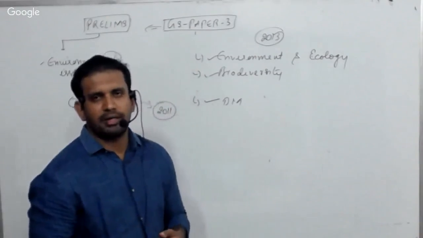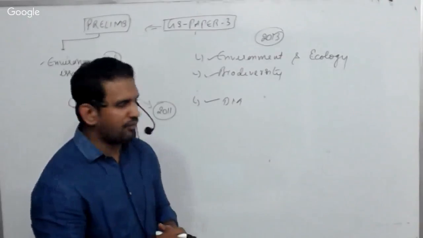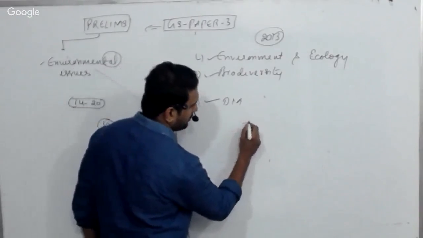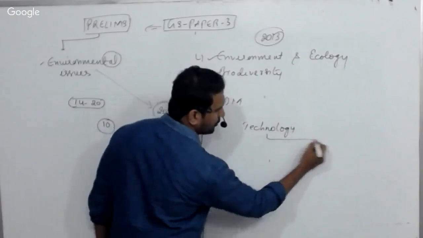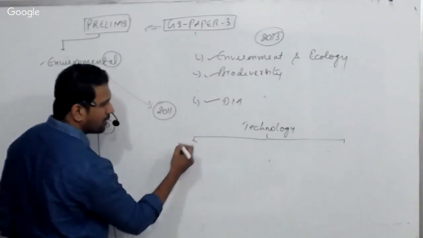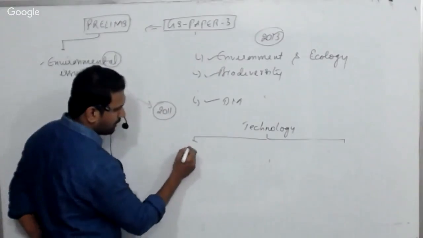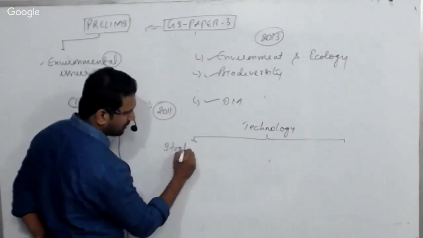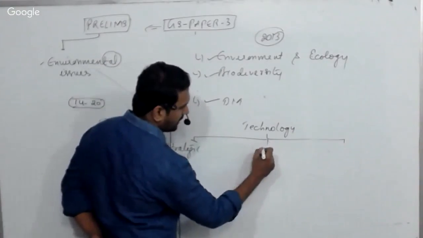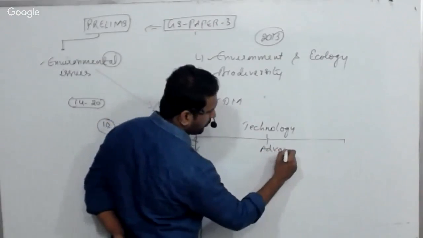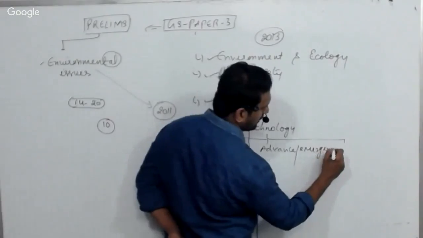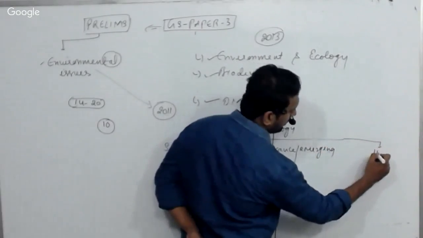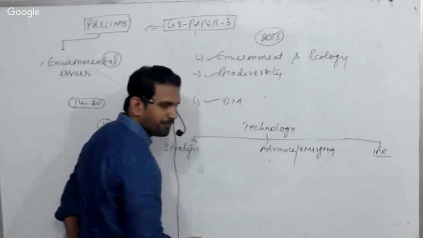Followed by technology. You know that our technology is divided into 3 important technologies. One is strategic technologies, another one is advanced technologies, or you can call it emerging, and the last one is IPR, intellectual property rights.